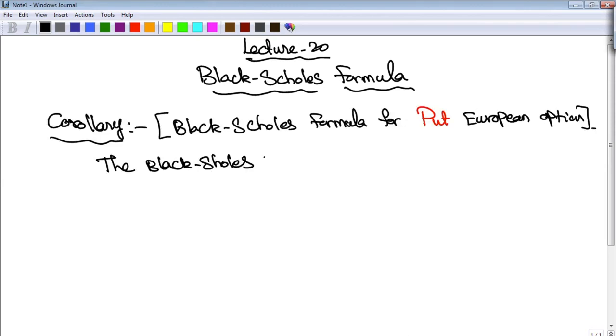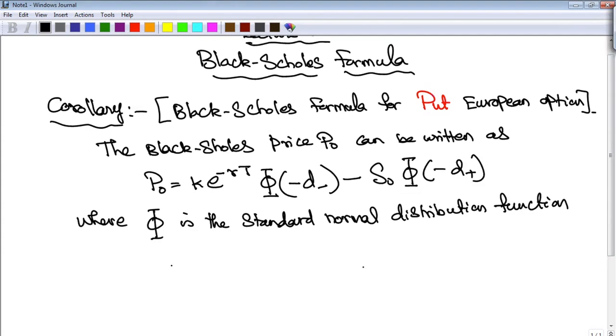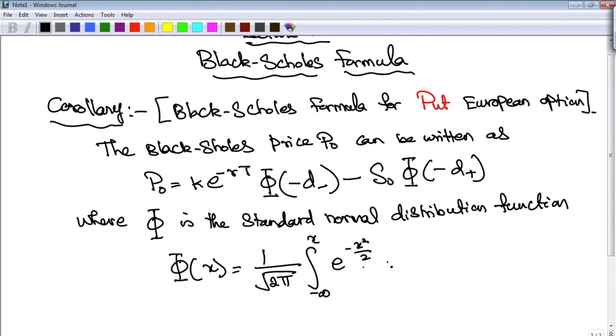The statement says that the Black-Scholes price P naught can be written as P naught equals K e power minus RT Φ of D minus, we will tell what it is, minus S naught Φ of minus D plus, where Φ is the standard normal distribution function given by Φ of x equals 1 by root 2 pi integral minus infinity to x e power minus s square by 2 ds, for all x in R.